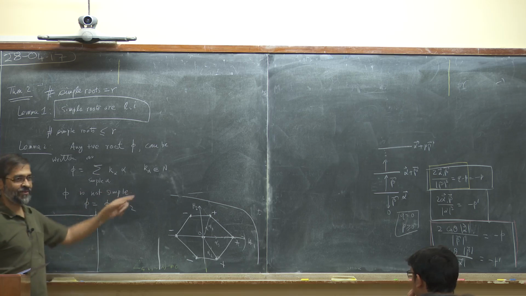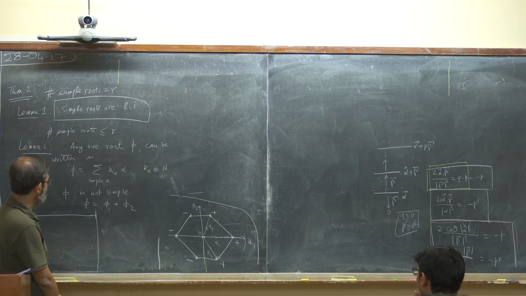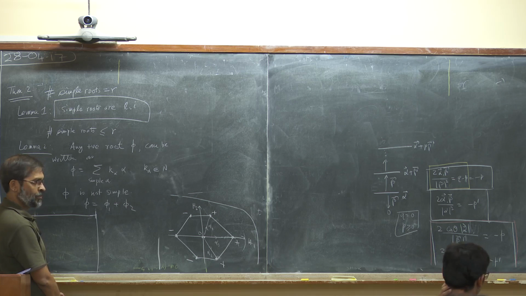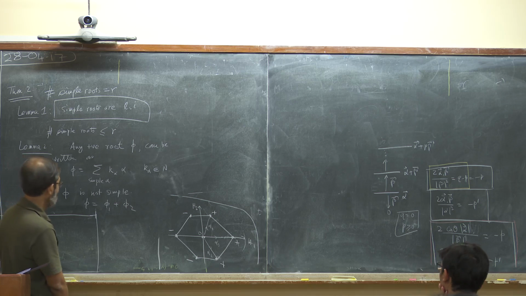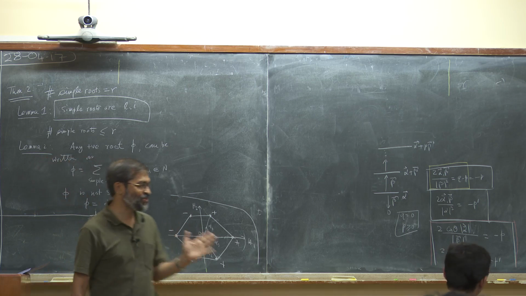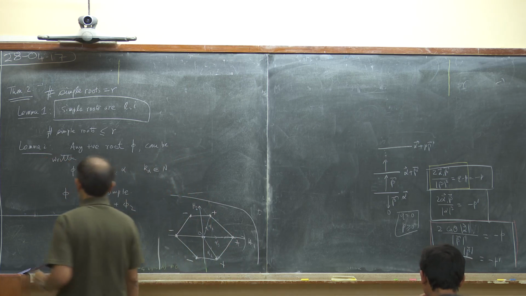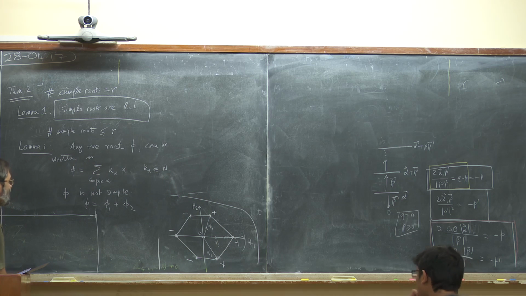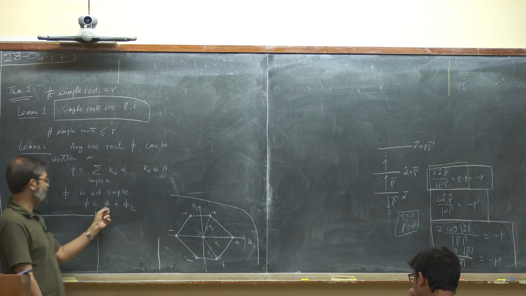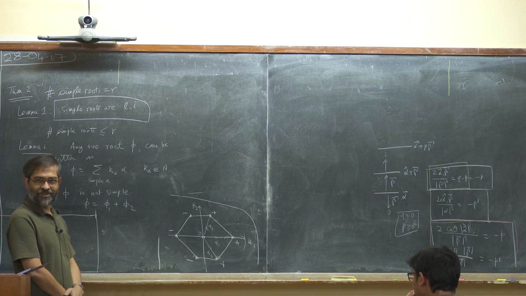The simple roots are linearly independent, and if phi is a simple root, then it's phi itself only, so k alpha equal to 1 and the rest are zeros: 1 0 0 0 0 etc. It's a trivial case. Now let's say phi is not simple, then there has to exist some positive roots phi 1 and phi 2 which make up phi.